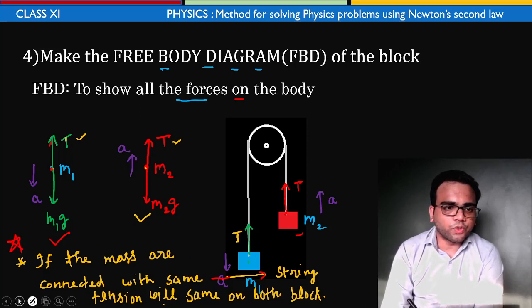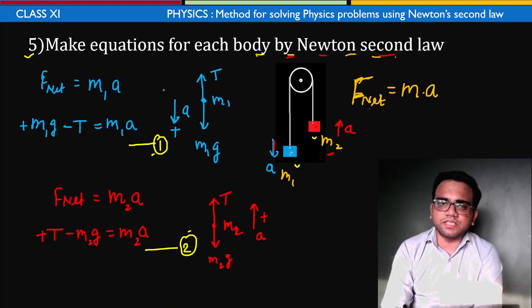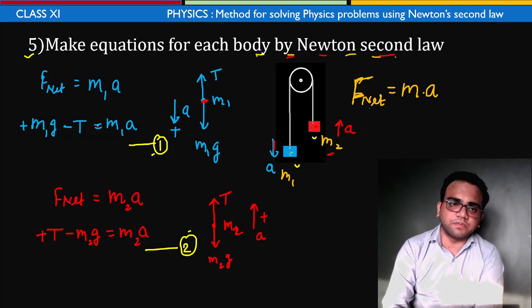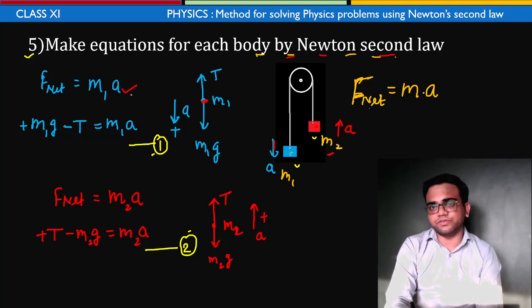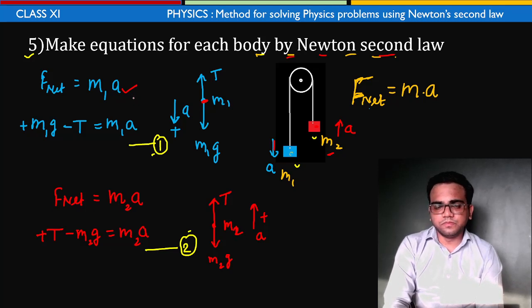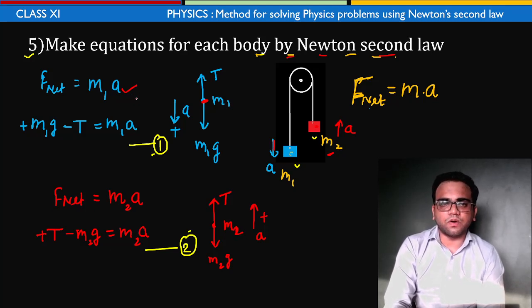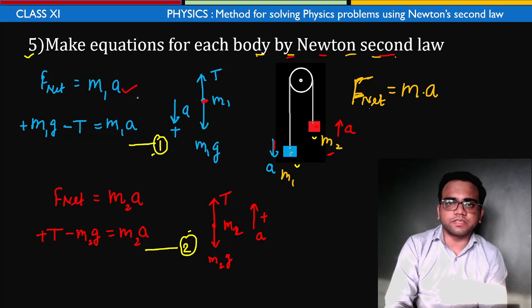The next step was to make the equations. If you know the free body diagram, you can make the equation by Newton's second law. You can see here, now we are using Newton's second law. It doesn't mean that all the previous steps are not important. They are very important.